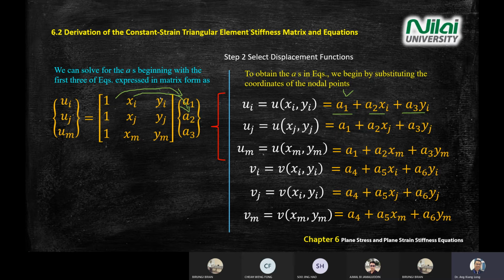You already have A3, so your yi is missing. So you write yi in this location. Plus this one. You repeat the same for the second one, and repeat the same for the third one. You get this matrix. Any question on how to get this matrix?